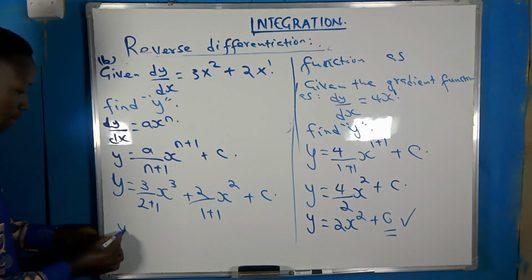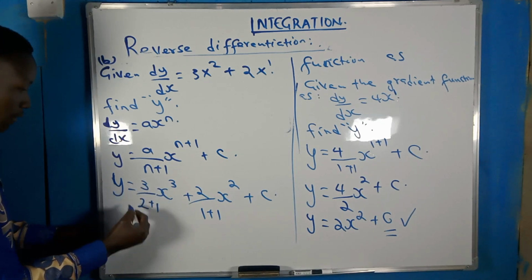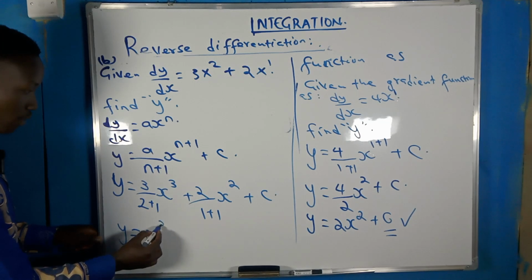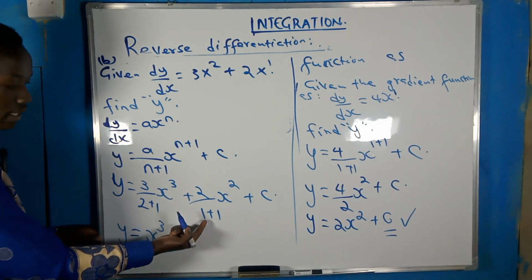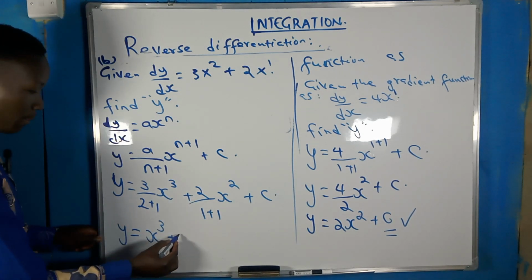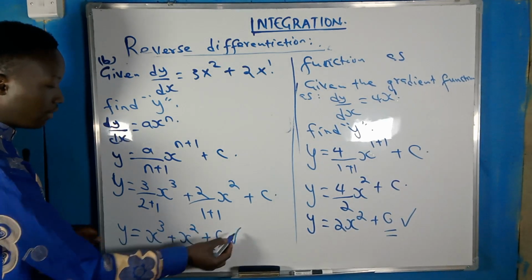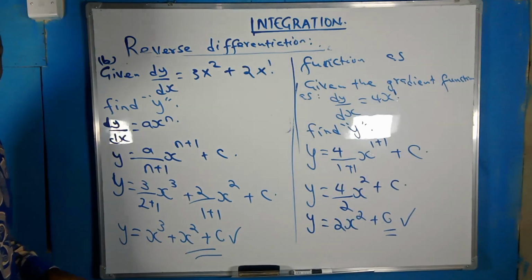So our function will be y is equal to 3 divided by 3 is 1, so it will be x cubic plus 2 divided by 2 is 1, x squared plus c. And that will give us our function in form of y.